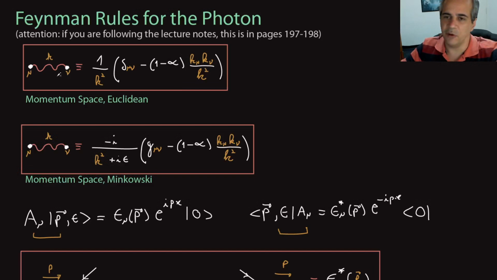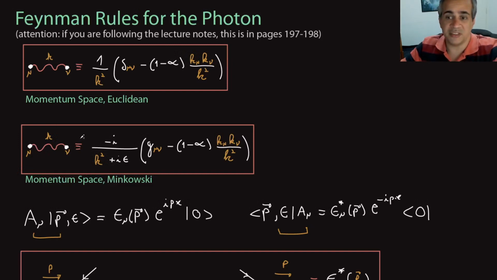And since the photon propagator involves two Lorentz indexes, it's easy to see that the vertices at the edges will have to be labeled by some Lorentz index, right? So that's the mu and nu that I indicated here.